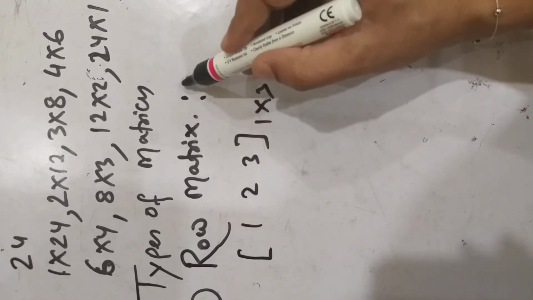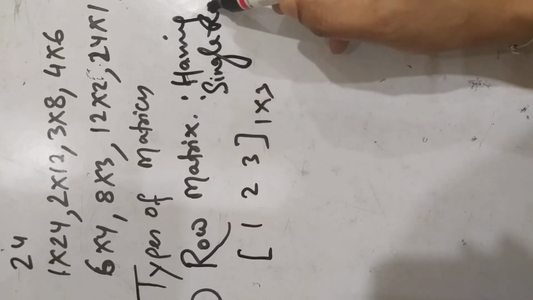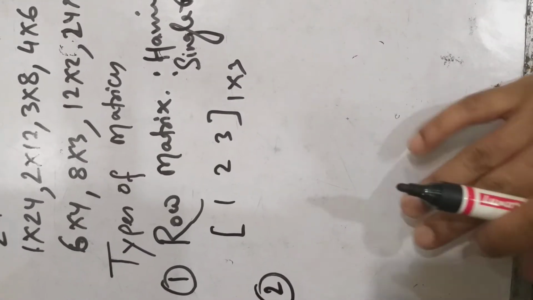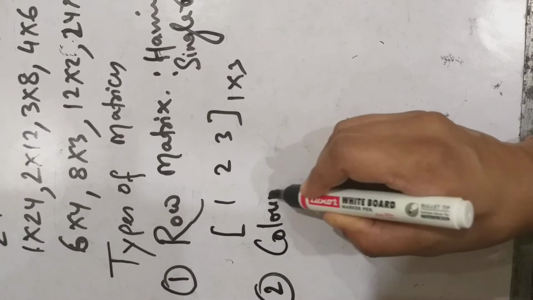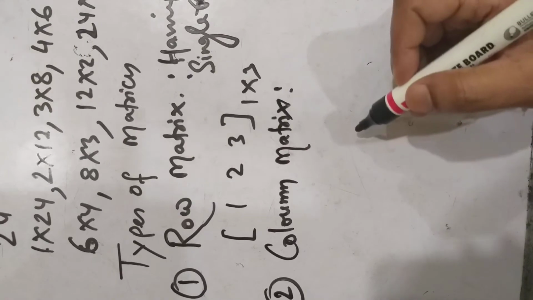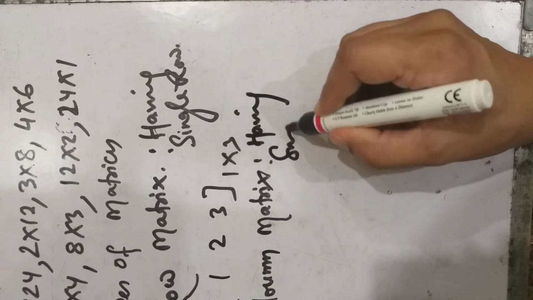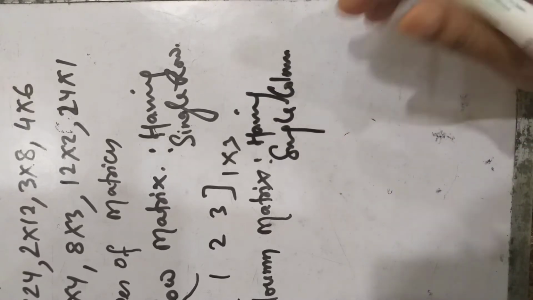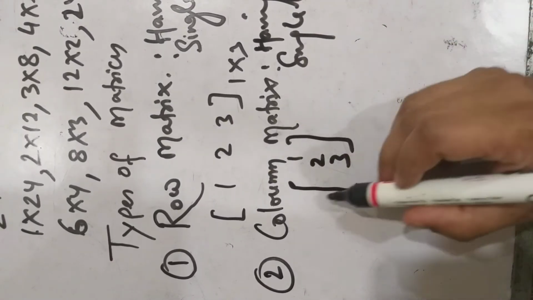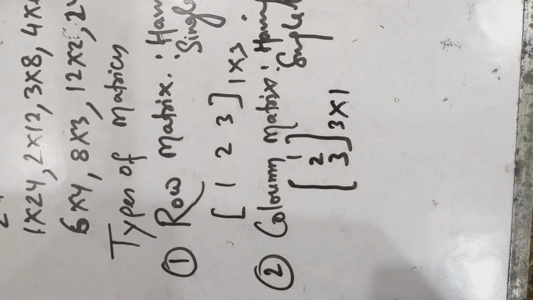The second one is the column matrix, having a single column. So if I write those numbers 1, 2, 3 this way, this is 3 rows but 1 column. So this is a column matrix.